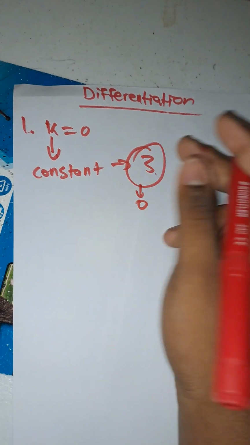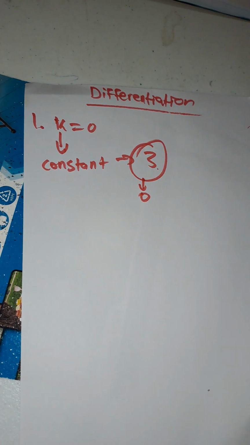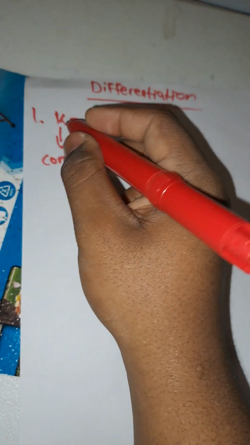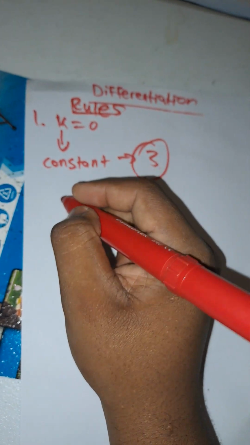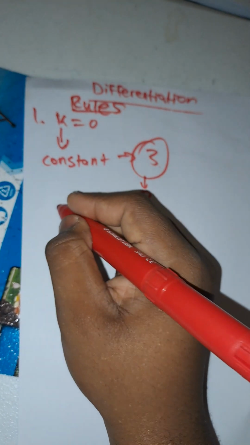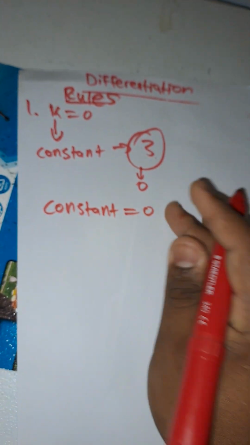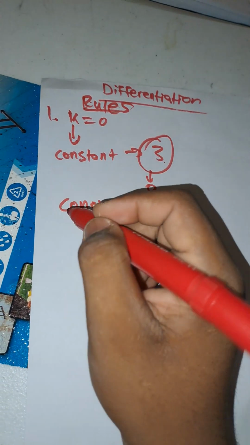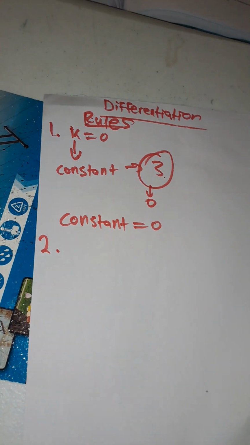You're no longer gonna write it. I hope you understand me. So the derivative of a constant is equal to 0. So the first rule: the derivative of a constant is equal to 0.